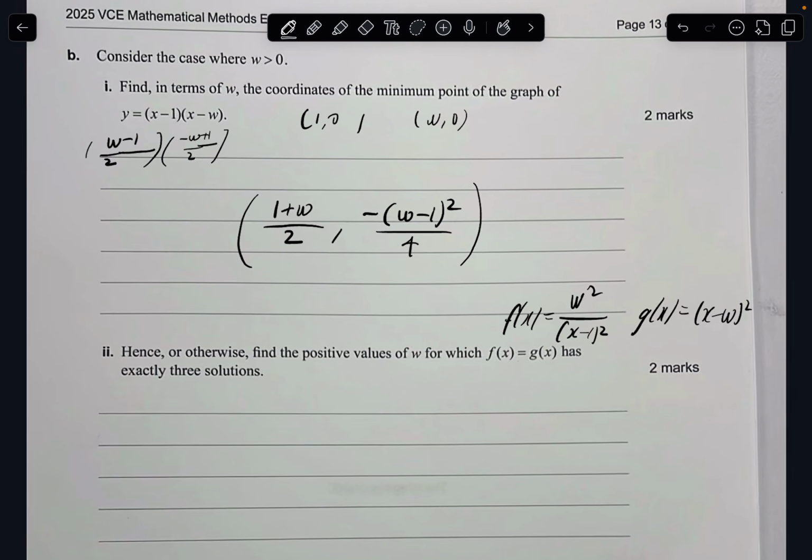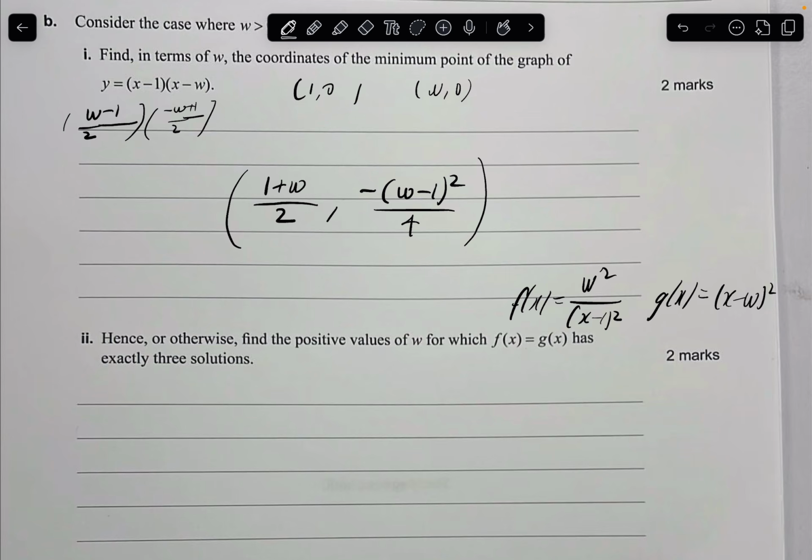So we will basically be solving x minus w squared times x minus 1 squared is equal to w squared. Now that's why they've given us this.